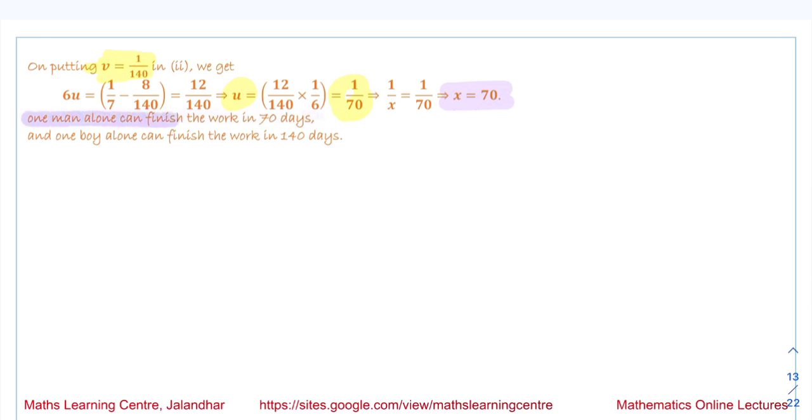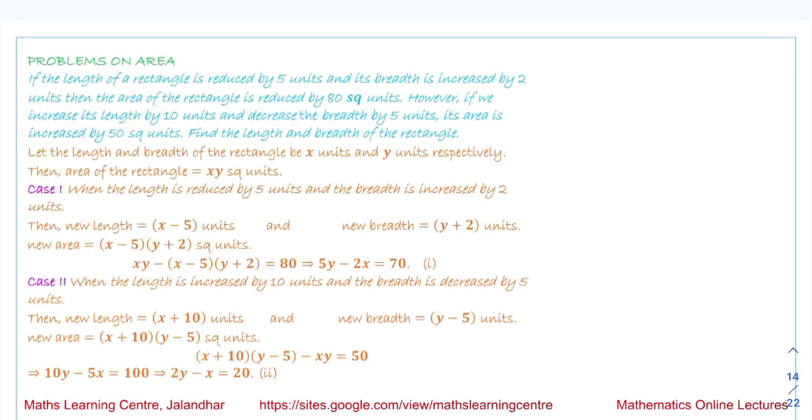So one man alone can finish the work in 70 days and one boy alone can finish the work in 140 days. Next is the problem based upon area.